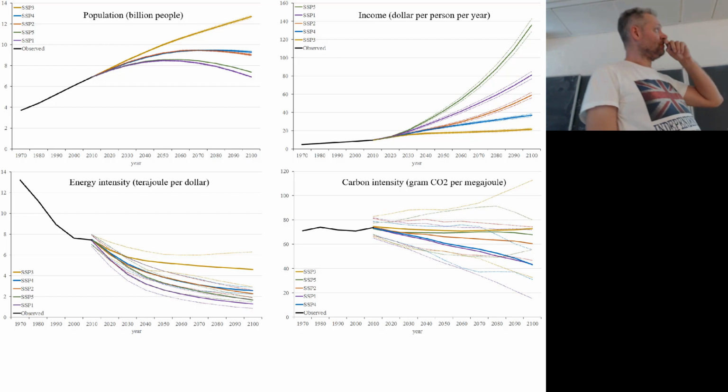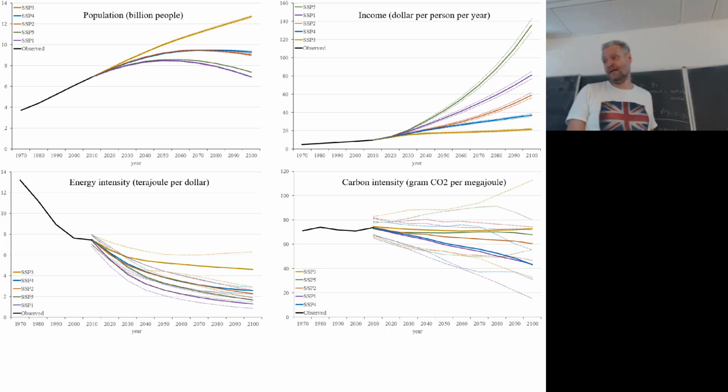Then the next graph, top right, you're looking at income. You see again a wide range, right? You also see that if you look at the most pessimistic scenario, currently the average income is around $7,000 per person per year.